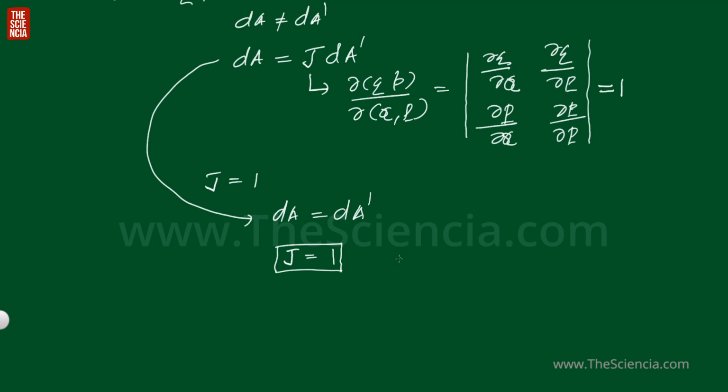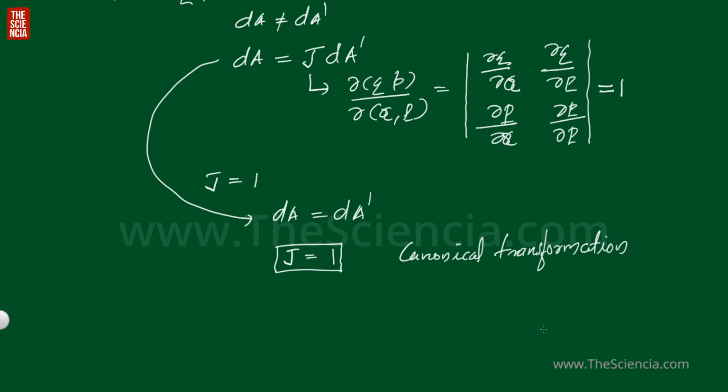And we call such coordinate transformation a canonical transformation. That is, if Jacobian J equal to 1, then such coordinate transformations are called canonical transformations.